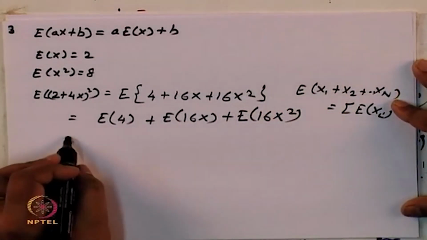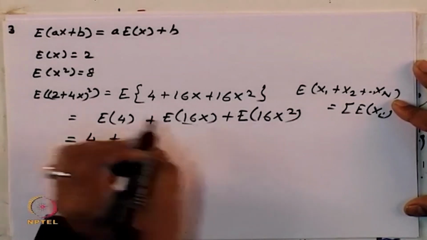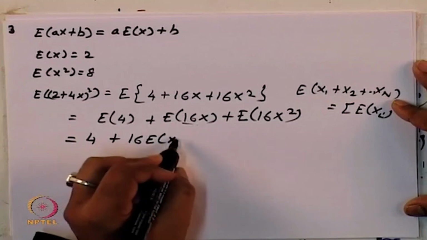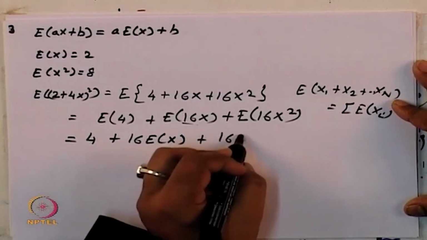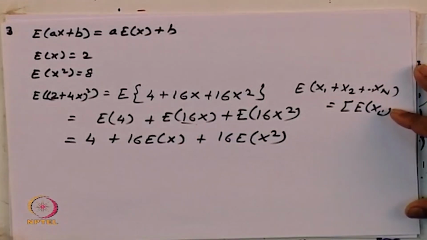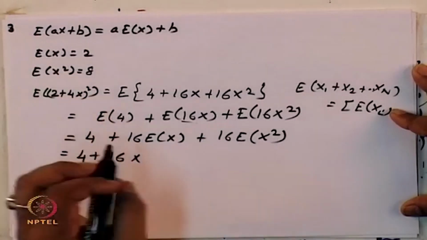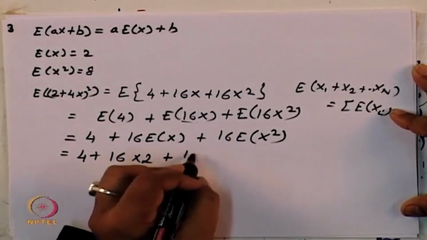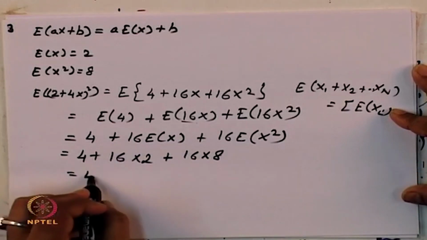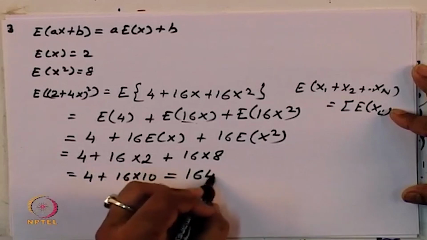Now, E of 4 is a constant, it will be 4. I can take 16 out. So, it is 16 expectation of x. I can take 16 out here also, and I get expectation of x square. So, 4 plus 16 into expectation of x, which is 2, plus 16 into 8. So, it is 4 plus 16 into 10, which is 164.